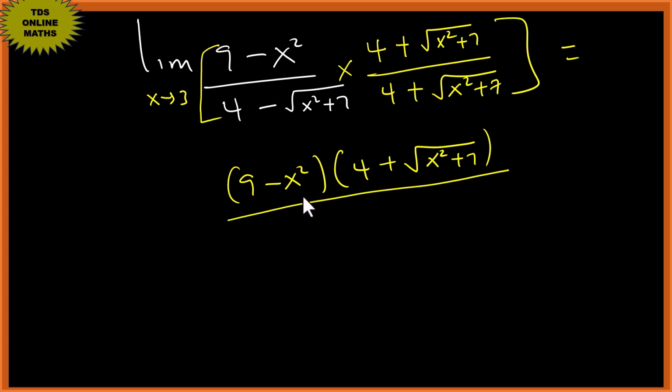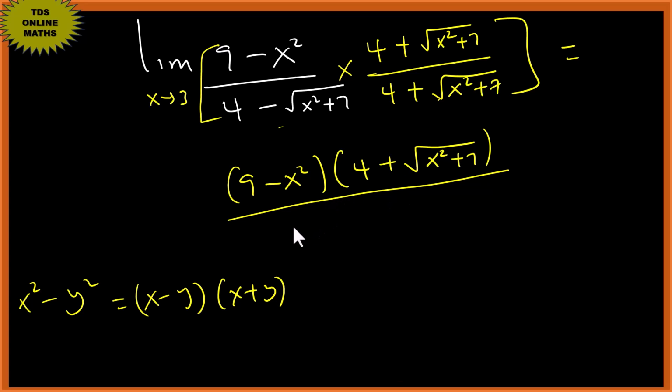The numerator here is a difference of two squares, so this one squared minus this one squared. It's like saying x squared minus y squared, the same as x minus y, x plus y. So we have 4 squared minus root of x squared plus 7, all squared.